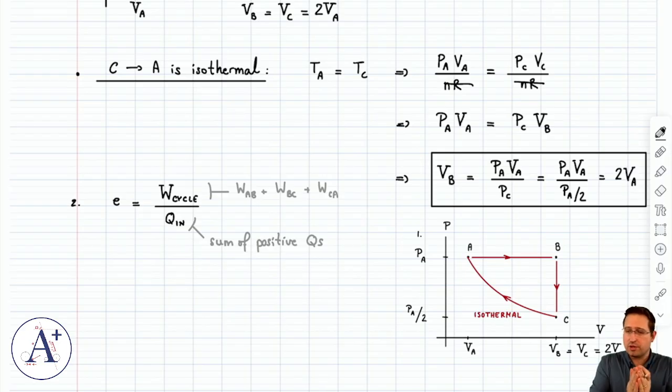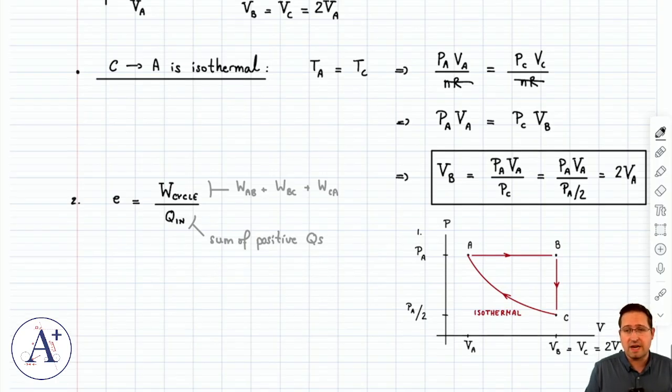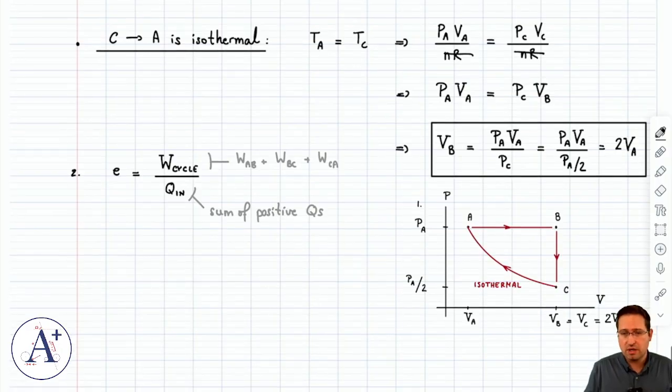We're going to keep only the Q's that are positive and add them together. Now, if you're really good at thermo, you can look at the cycle and know exactly which Q is positive or negative and just say, well, I only need to know QAB, for example, is the only one I need to know. QBC is going to be negative and QCA is going to be negative.